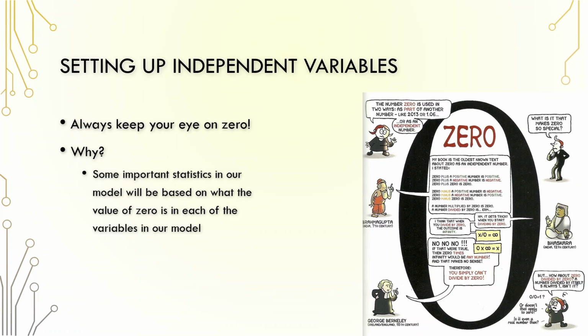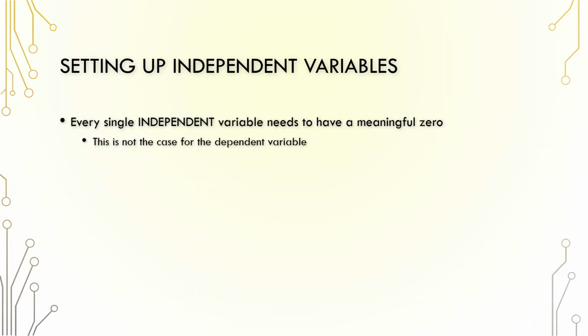But said broadly, some of the statistics in our regression models become more useful if we have a meaningful 0 in each of our independent and control variables. So to say that one other way, every independent variable in our regression models needs to have a meaningful 0.